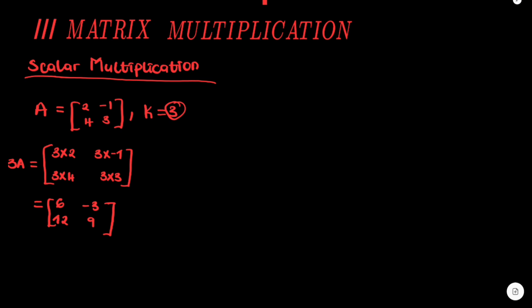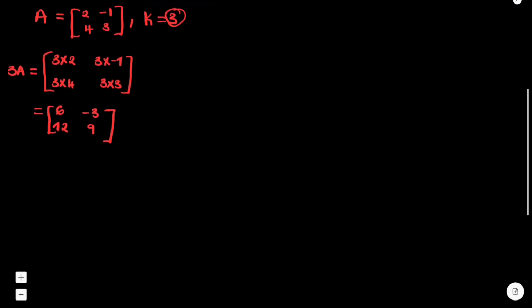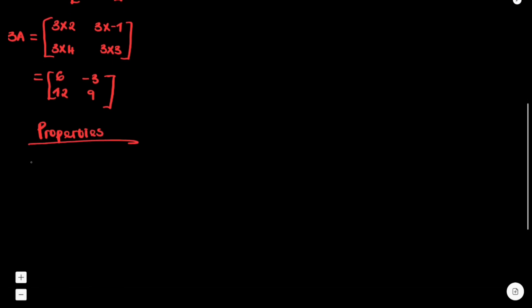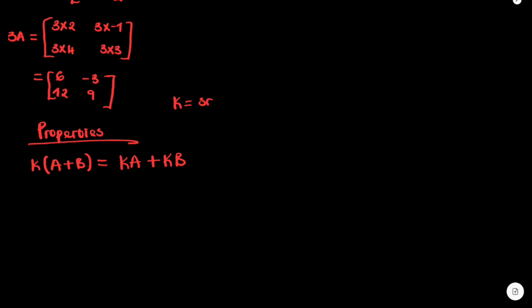There are some properties with respect to scalar multiplication. K into (A plus B) is the same as K into A plus K into B. Remember, K is our scalar.